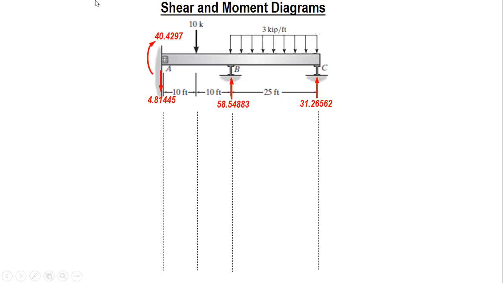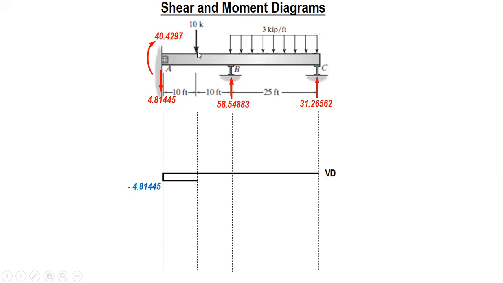Okay, so we now plot the shear diagram. So at A, it's downward, so it goes down. And then for this part, no load, so horizontal.